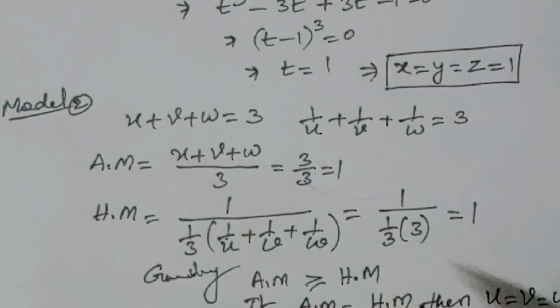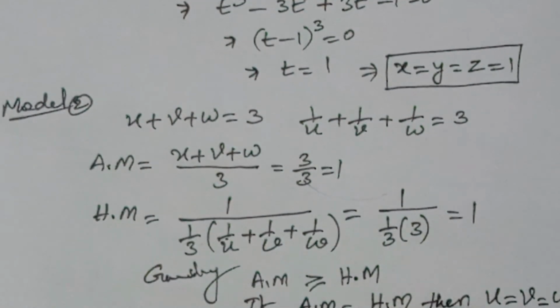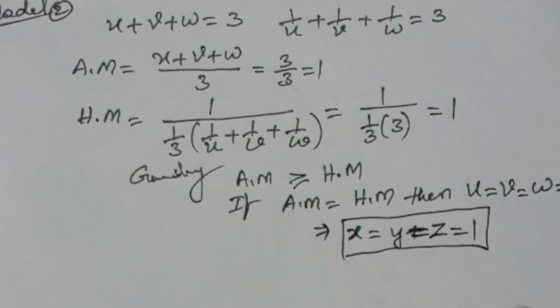So from this you can conclude that x is equal to y is equal to z is equal to 1. So this is the second method to get the answer.